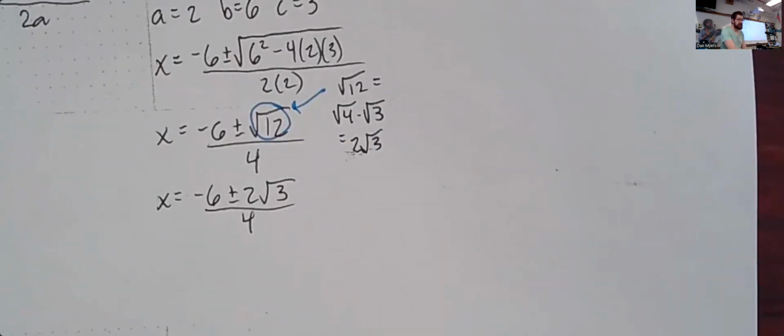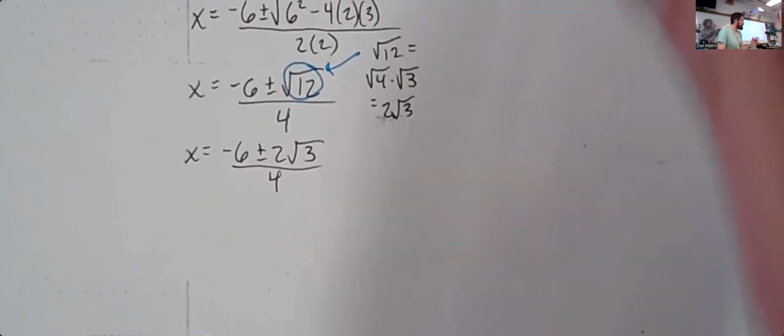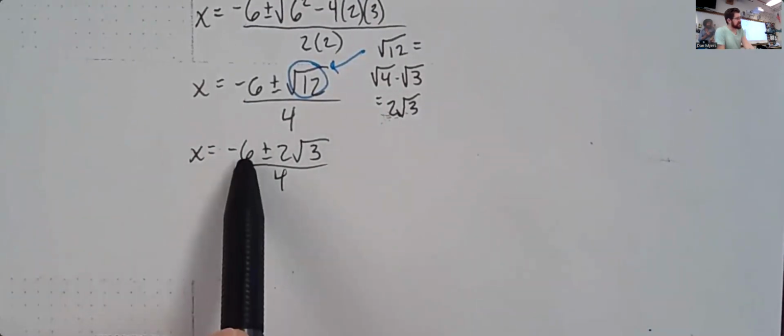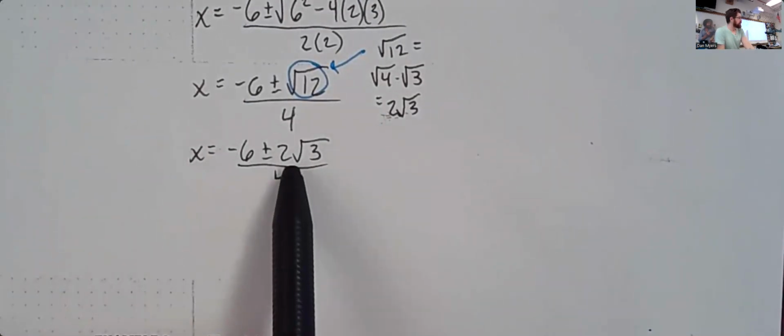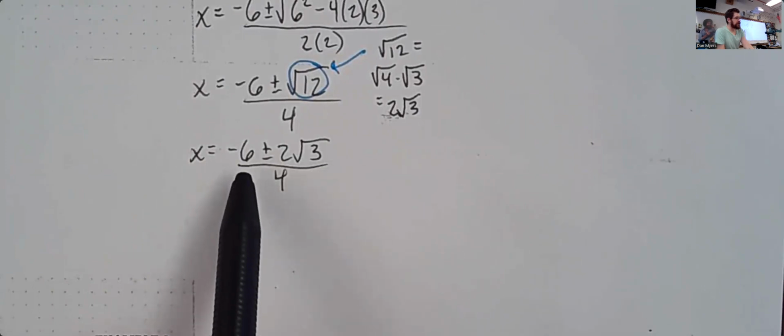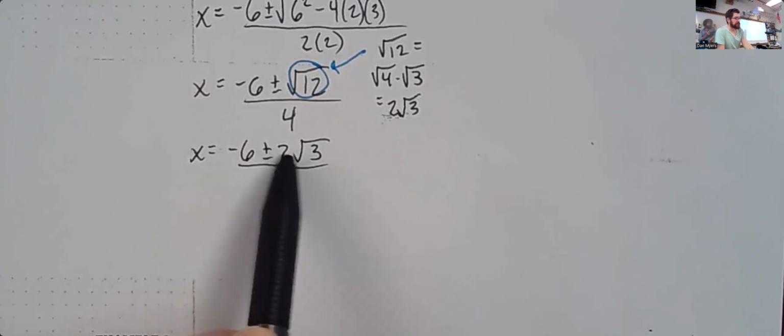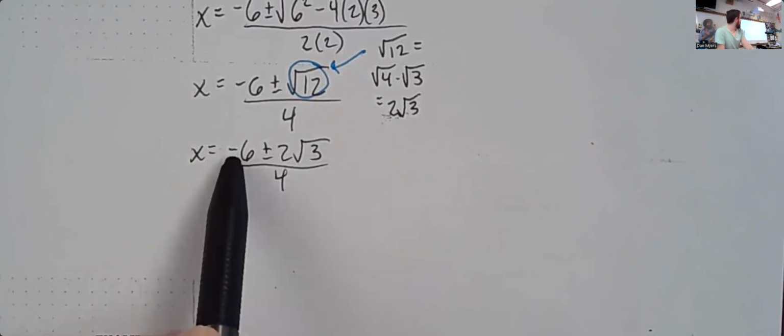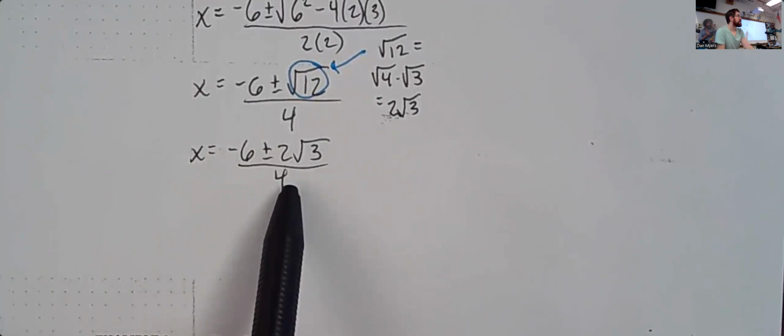We got one more step. We're almost done. Not too much to do here. So negative 6 is separate from the 2, but the 2 is multiplying by the root of 3. So if we look at our integer values on the numerator, negative 6 and 2, if both of those can reduce with the denominator, we should do that. Negative 6, 2, and 4 all have a common factor of what? 2.